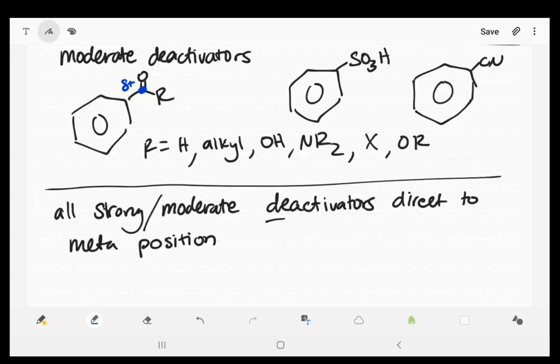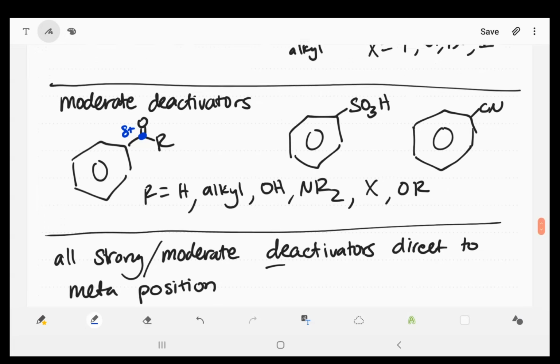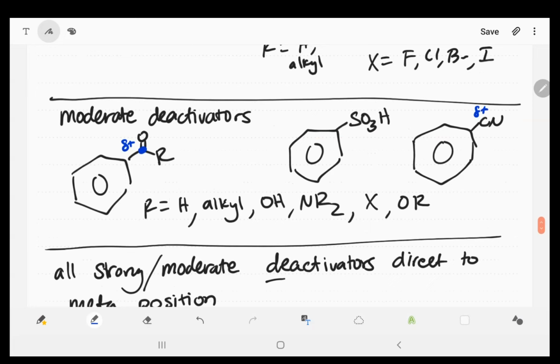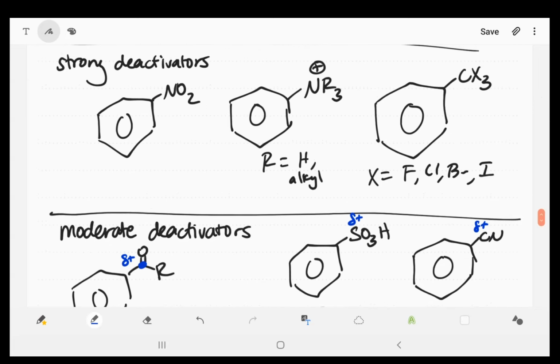So that's why these are only moderate. Same with the nitrile, we have slightly positive things there. So as a result, all those are partially positive, all these are fully positive, or this one is so partially positive that it counts as a full positive. Because having 3 halogens on there, they're all going to be withdrawing electron density, so that carbon is extra positive.